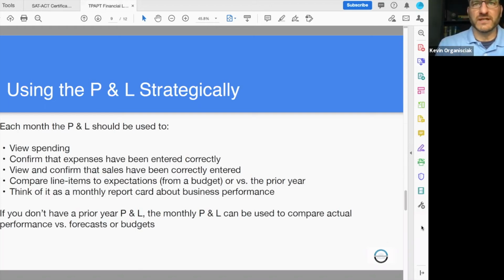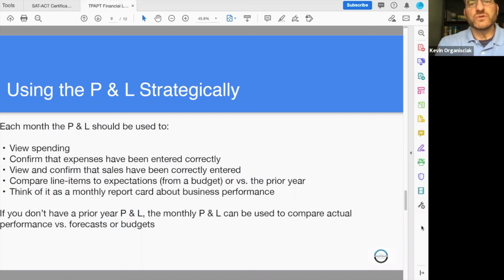We'd look at that daily just to get a sense of how we were performing. But the health of the business would come when we looked at the P&L at the end of each month, because we would see the revenue, the expenses, and the income and compare it to the prior year. So it's more of a granular look at the business.